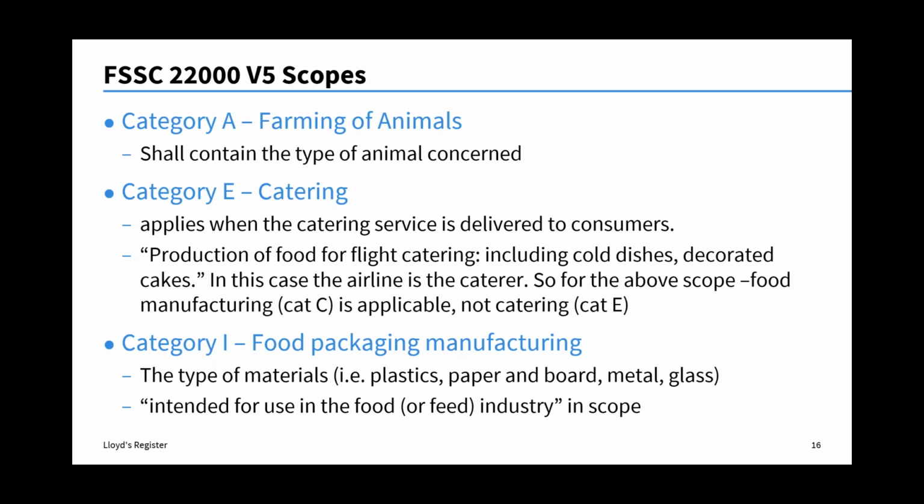Earlier, airline catering used to be under category E. Now this would come under food manufacturing category C. Coming to category I, food packaging manufacturing, the scope should include the type of materials like plastics, paper and board, metal, glass, which should be mentioned in the certificate scope statement. And there should also be a text which says that it is intended for use in the food or feed industry on the scope statement.